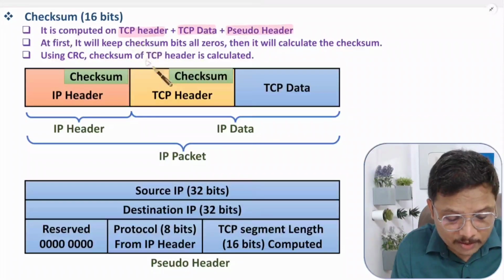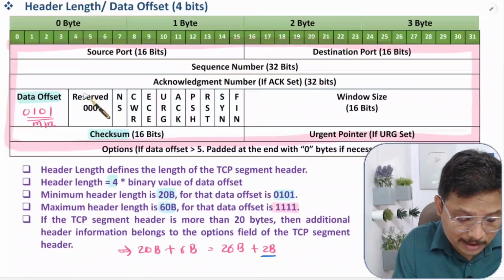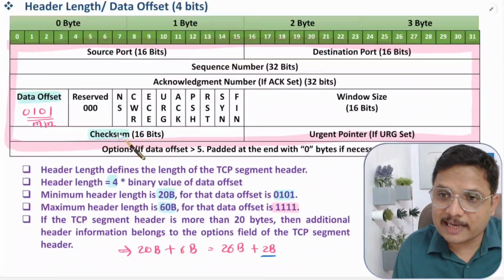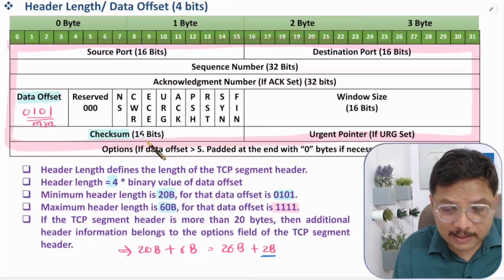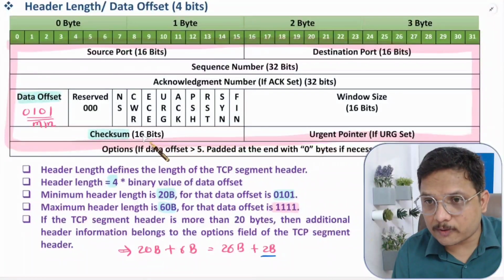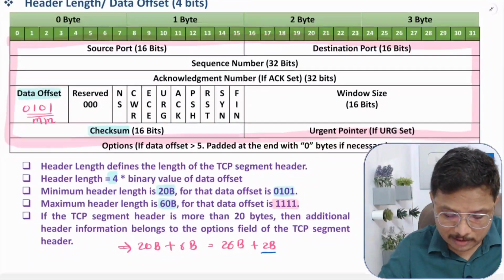But if you observe here, inside the TCP header we have the checksum. So first of all, it will place these 16 bits as all zeros. So these 16 zeros will be there over here first.